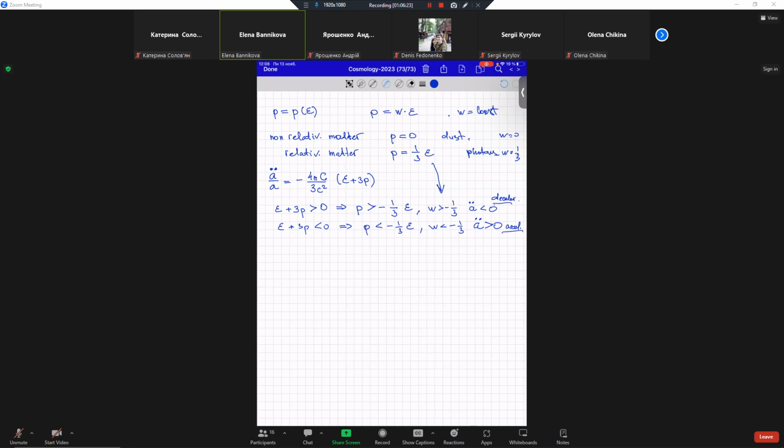This case is interesting, and I can say in advance that the case with w less than minus 1 divided by 3 is in general called dark energy.